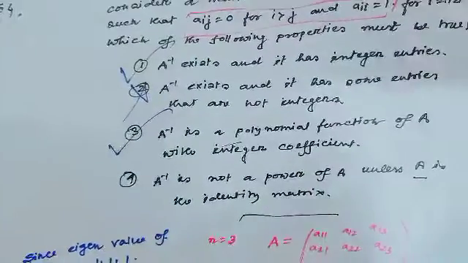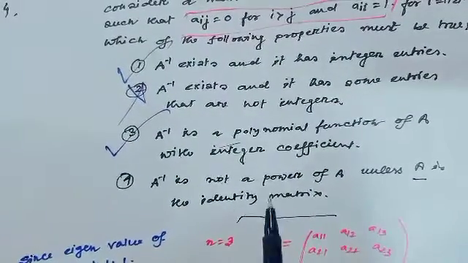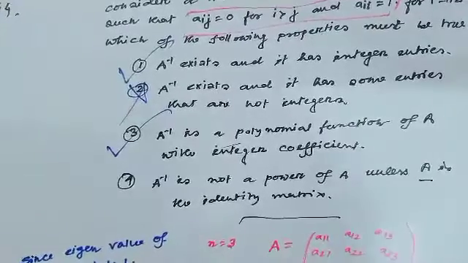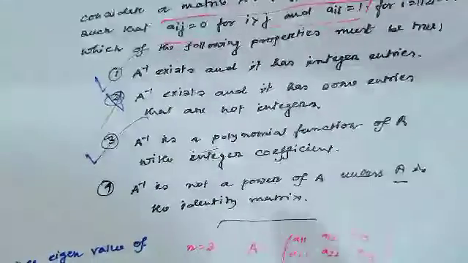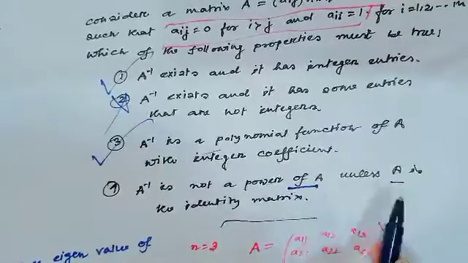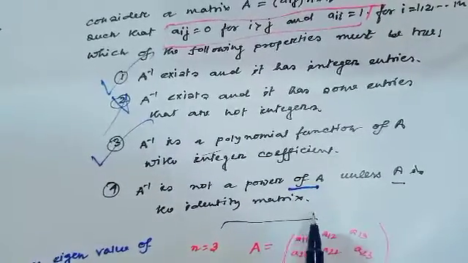Okay? And option 4 indicates A inverse is not a power of A unless A is an identity matrix. For this, consider A inverse is not a power of A unless A is an identity matrix.